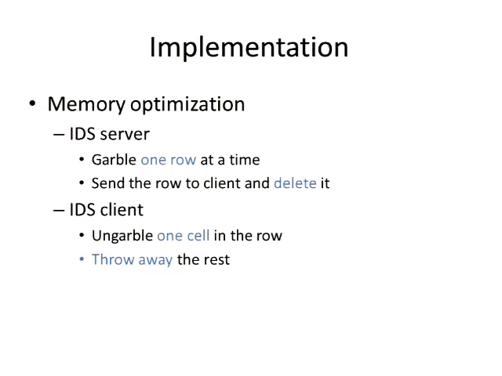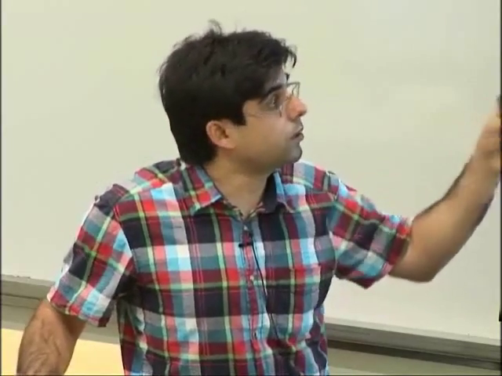And then similar tricks with Yao's garbled circuit, like I mentioned. The way we implement this, because the DFA matrix can still get pretty big, is that the server just generates one garbled row and sends it to the client. The client just takes the one element he needs, throws away the rest, ungarbles that one, keeps it. And then they just do it for each row.